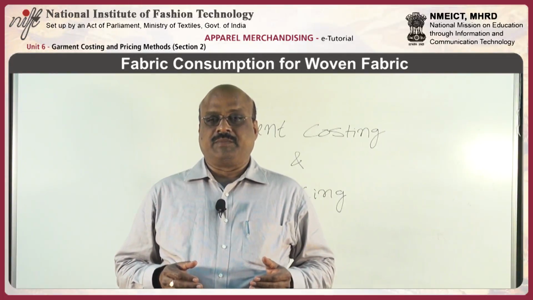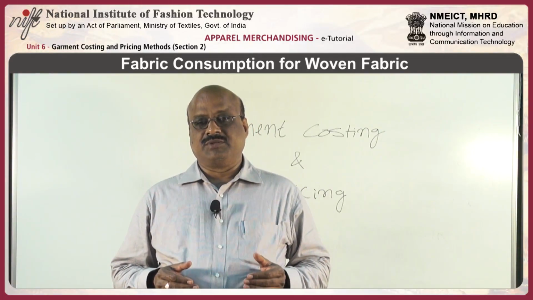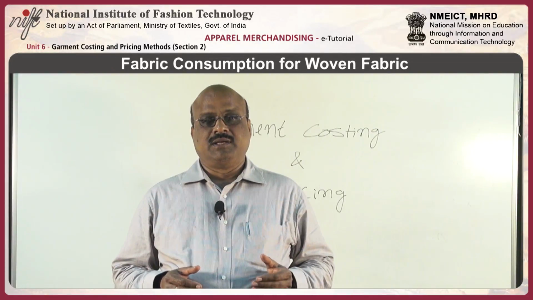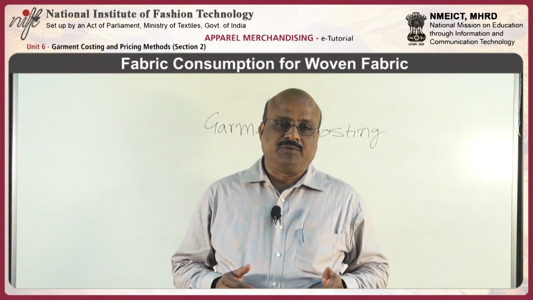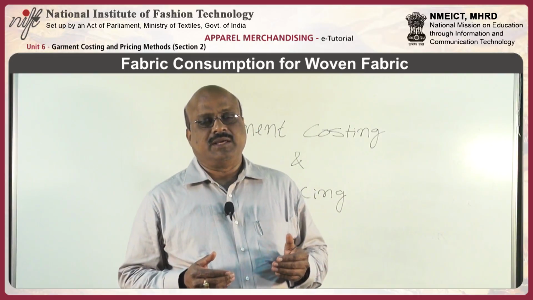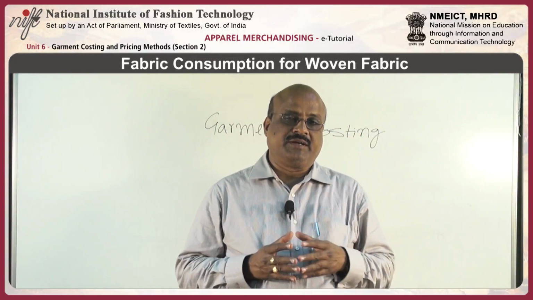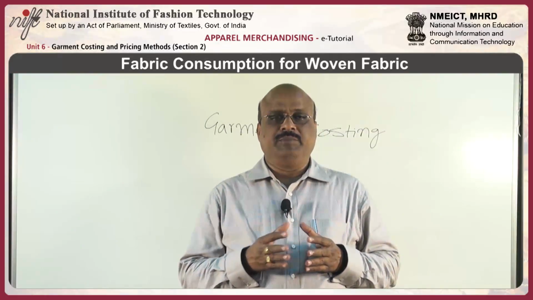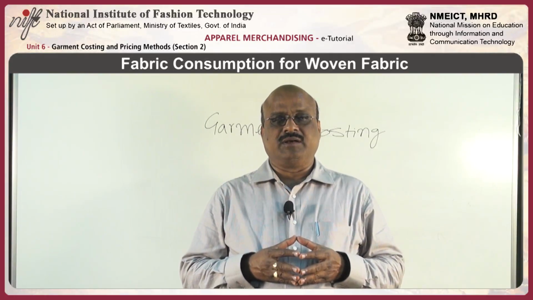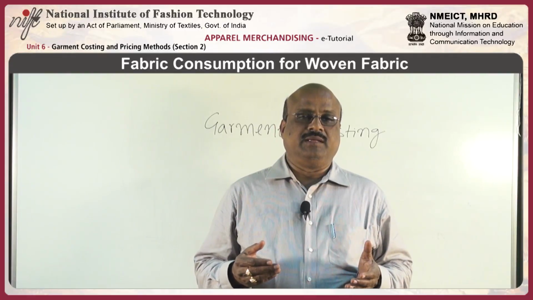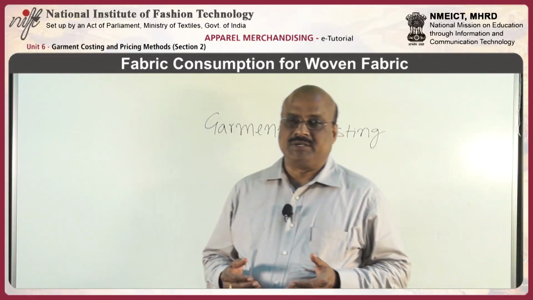That means calculation of fabric consumption is very crucial. Optimizing the fabric consumption using CAD department help is again one of the important factors. So ultimately, using the above formulas, we can calculate the cost of the garment.